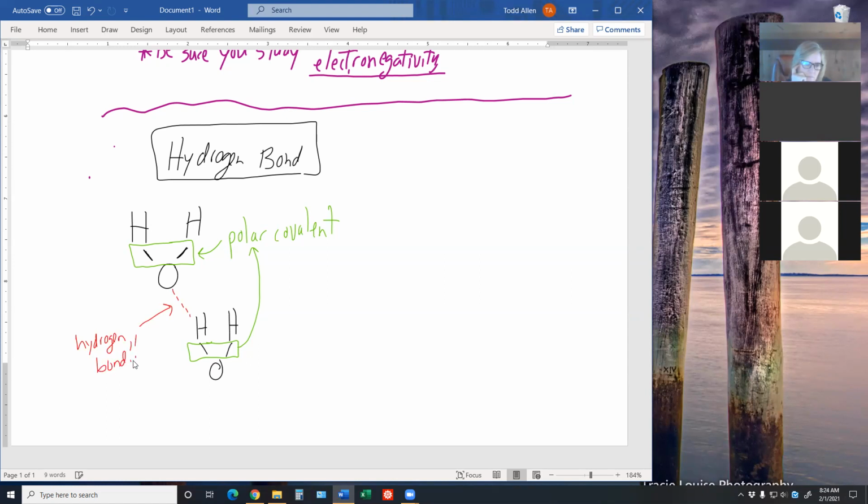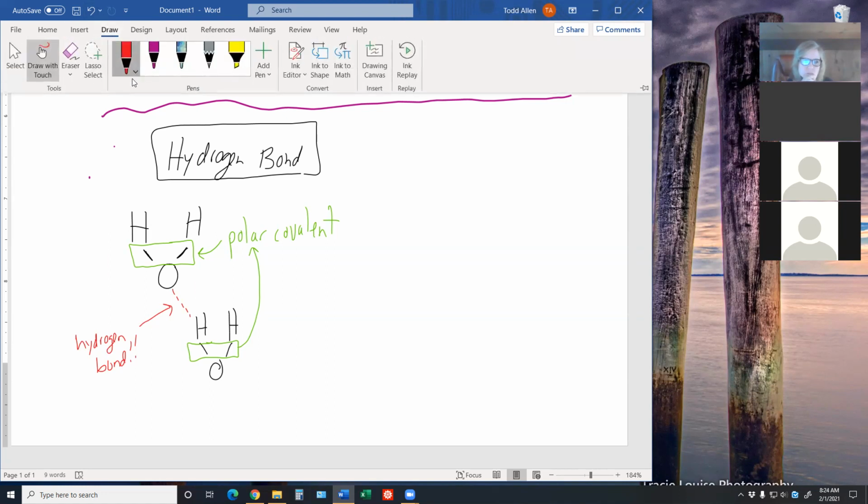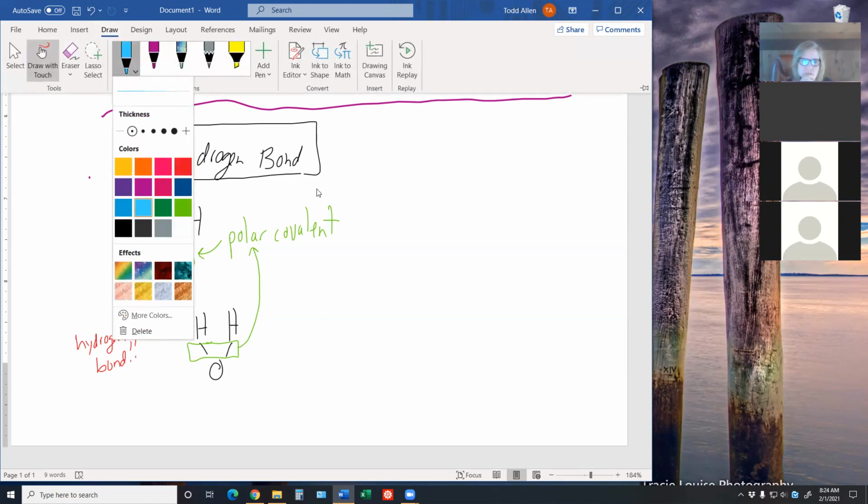Okay, now that might seem a little bit weird to you until you think about what you already know. What you already know is the following, that there is in fact going to be an unequal sharing of electrons.